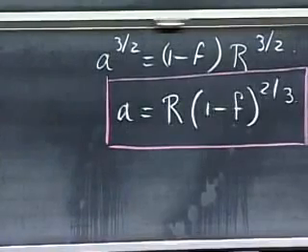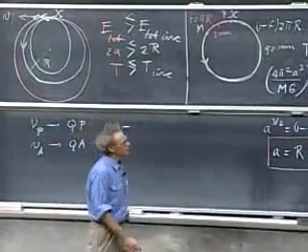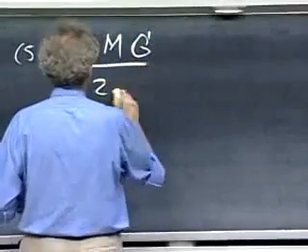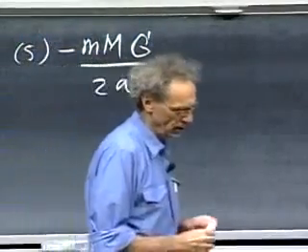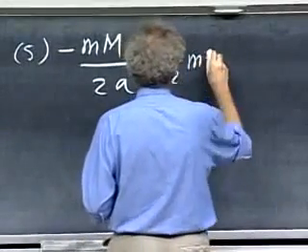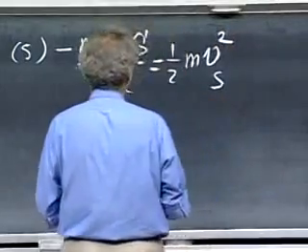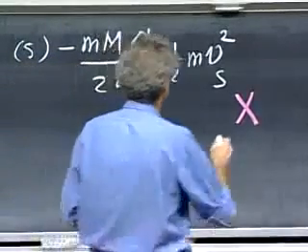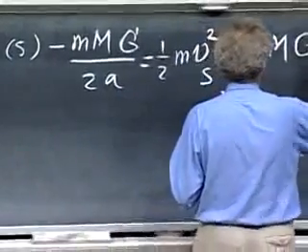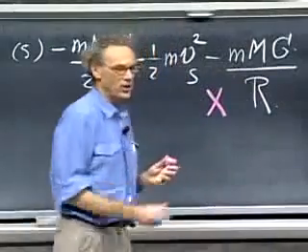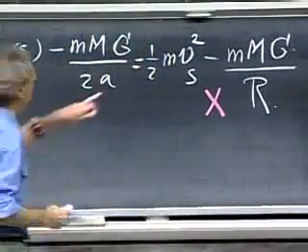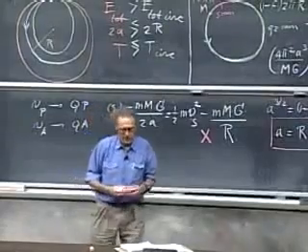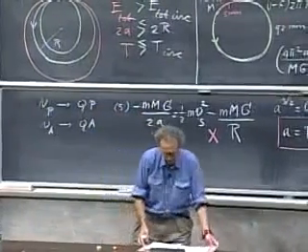Equation number 5 will tell you that minus mMG divided by 2a, a being now the semi-major axis of the sandwich orbit, equals 1/2 m times the velocity of the sandwich squared, minus mMG divided by capital R. This happens at location X after the burn, after Peter has thrown, because the sandwich is still at location capital R, but Peter has changed the speed to Vs. And so once you know a, this equation immediately gives you Vs. And once you know Vs, then you know with what speed Peter should throw.